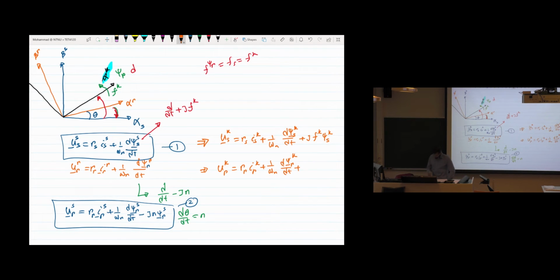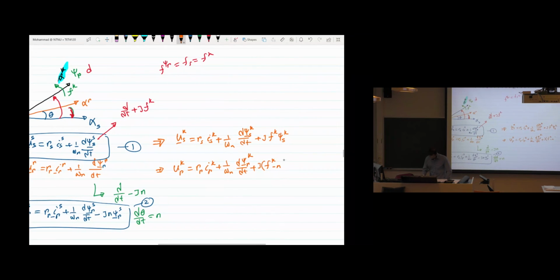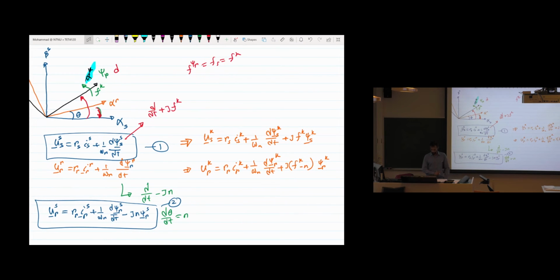And here you can see, before we had this minus n, now we also have plus fk, then we can write it j of (fk minus n) psi_rk. Now we got them in the new axis, new orientation, in the alpha k orientation.